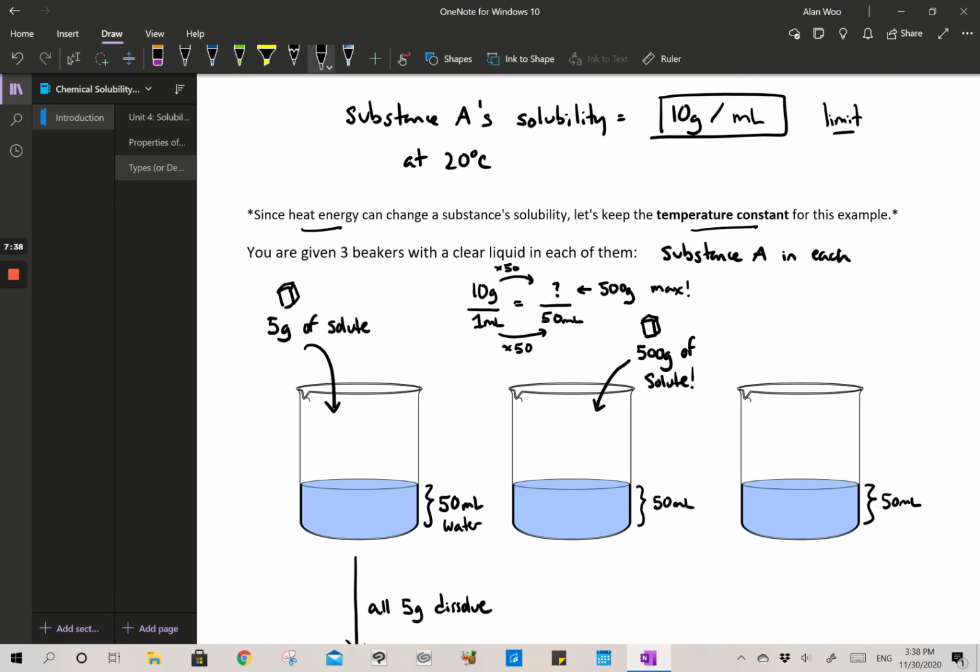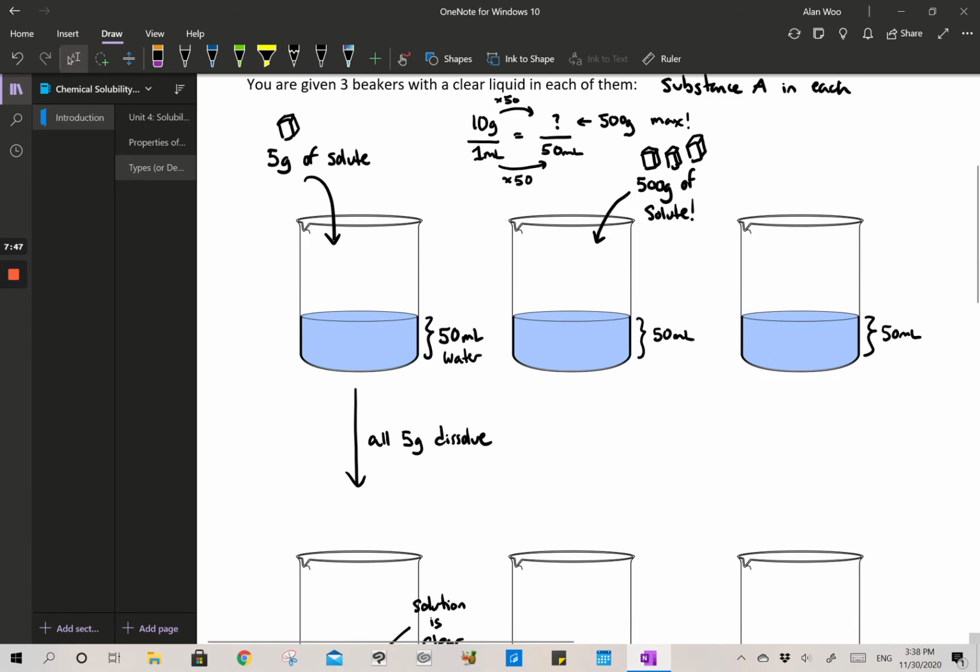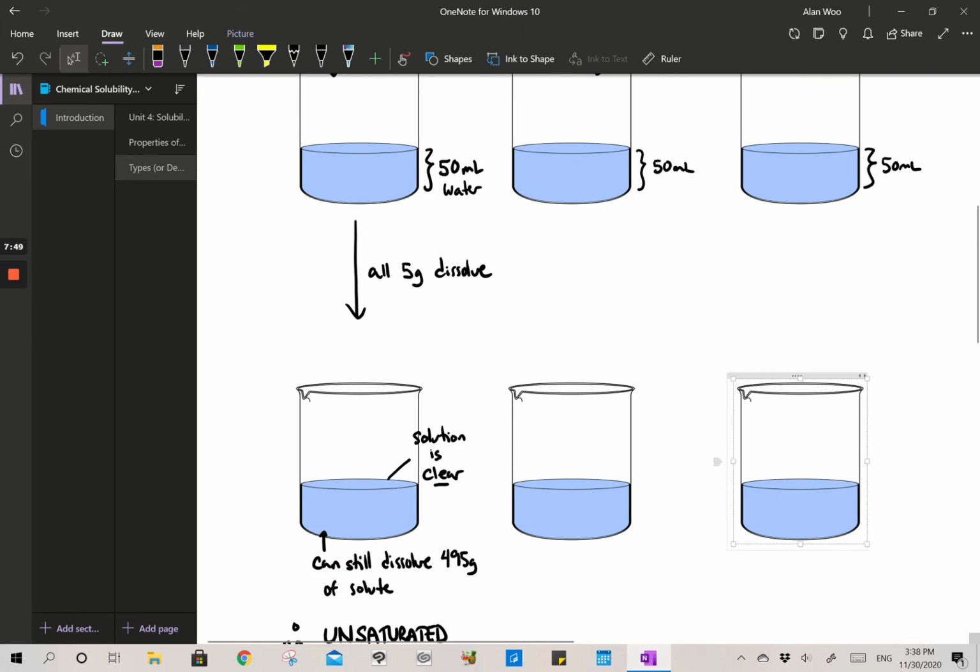So we're going to have a whole bunch of solute put in. If you add 500 grams, all 500 grams should dissolve.